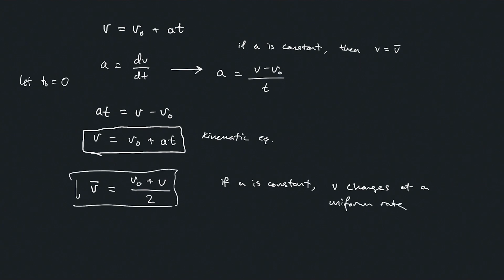Now next up, we're going to be deriving final position is equal to initial position plus initial velocity times time plus 1/2 times acceleration times time squared. First we're going to use the definition of average velocity, which is that average velocity is equal to final position minus initial position over elapsed time, which is t in this case, because we are going to set initial time to 0.